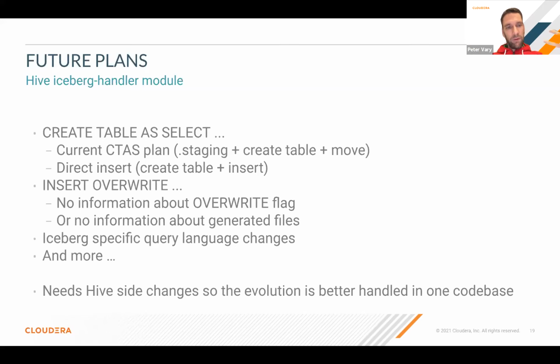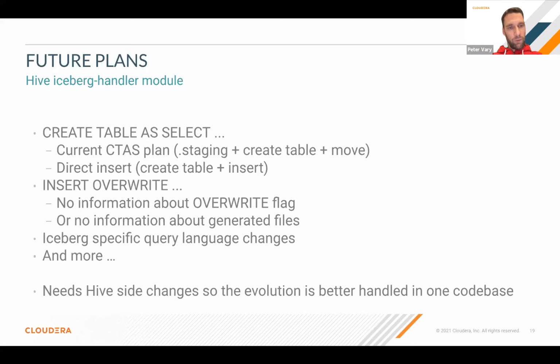With Hive, with the direct insert way, we need a different way of working. We need to create the table in the beginning, and at the end of the insert, we need to commit the changes. We have a similar problem with insert overwrite. When we are in the writing phase, when we are inserting data, we don't know whether it will be an overwrite or a simple insert.